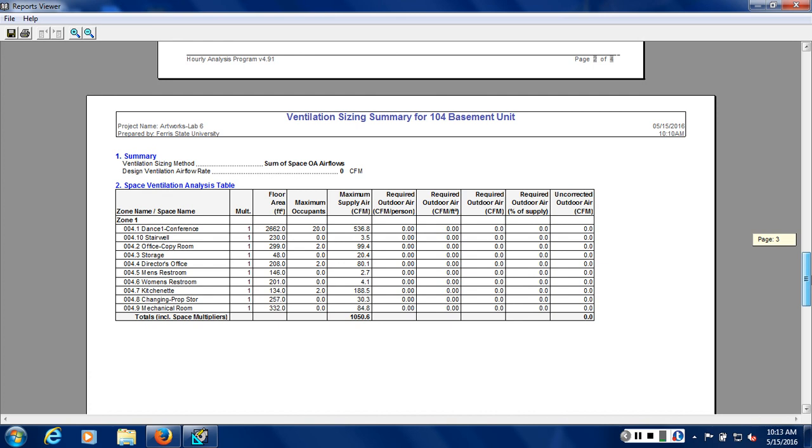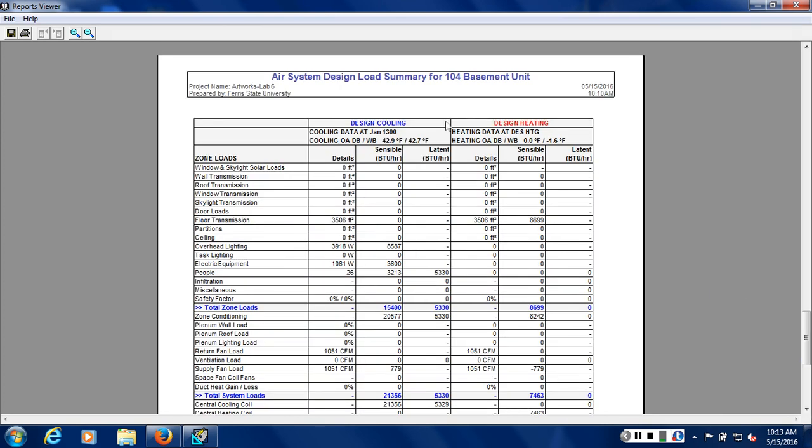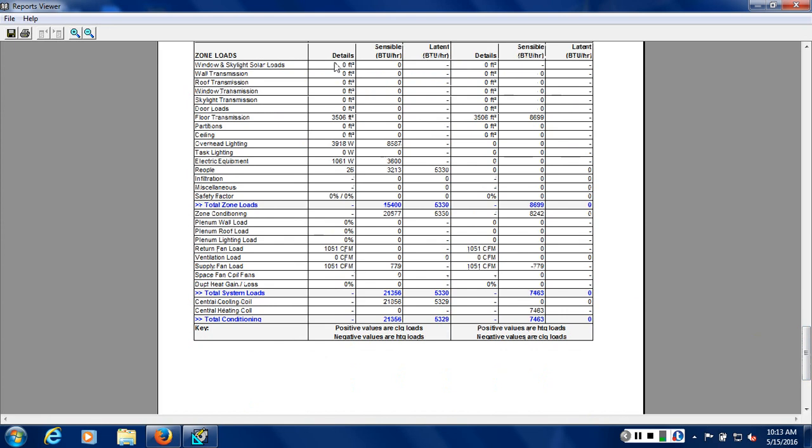If we continue sliding down, we get what I call my zero page. This is a quick page that we can scan down and look for things that are zero, like windows, solar loads, zero. Well, that makes sense. It's in the basement. Basically, there's no wall transmission to speak of because it's below grade.